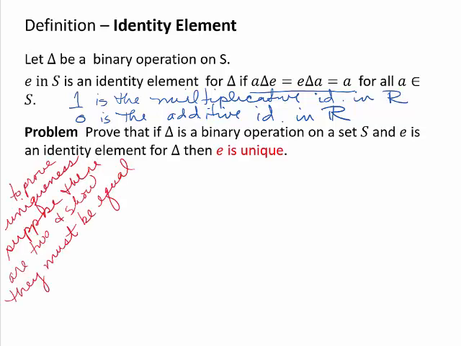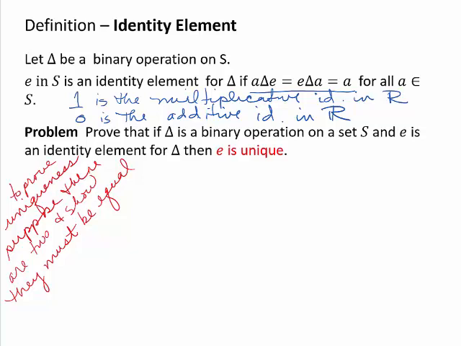You should add what's written in red off to the left there to your list of how to prove things. To prove something is unique, you suppose that there's more than one. Well, then there'd have to be two. So you suppose there are two and show that they must be equal. And then you have shown uniqueness.